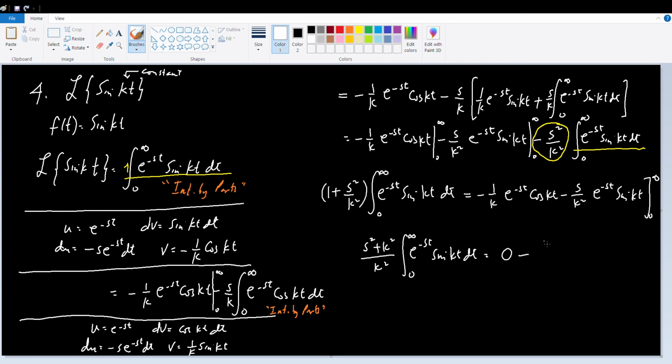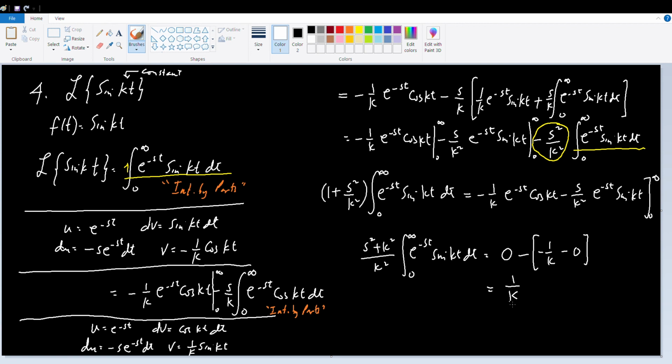The lower limit, negative 1 over k, e to the 0 is 1, and cosine of kt is also 1. Then minus s over k squared: e to the 0 is 1, but sine of 0 is 0, so that will be 0. So what we have is positive 1 over k.